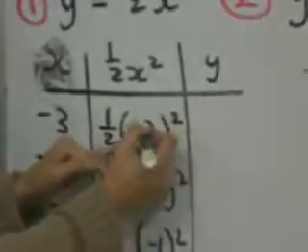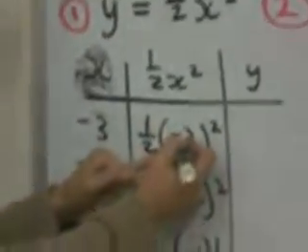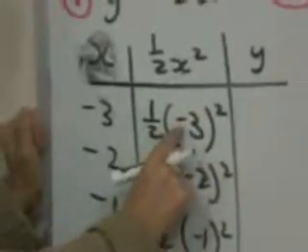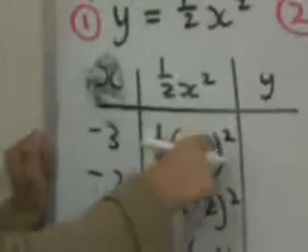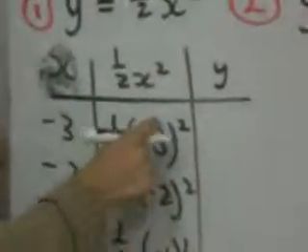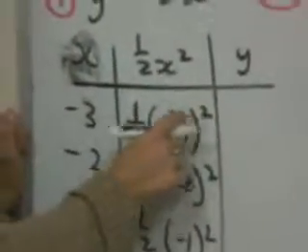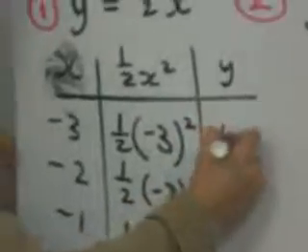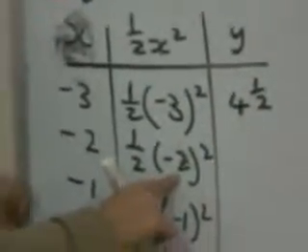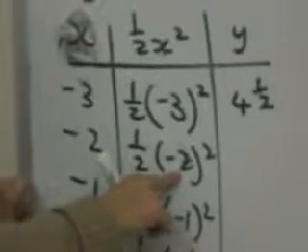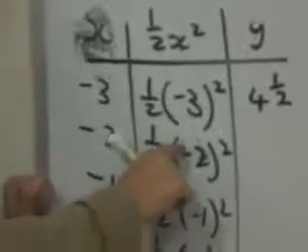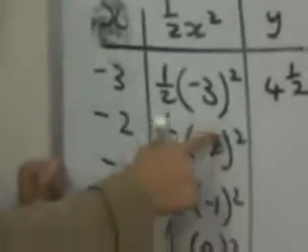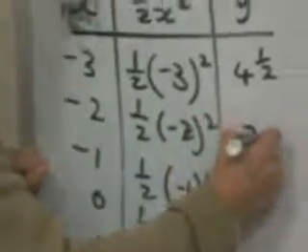So we start with this. Minus 3 squared is 9. Remember the minus is inside the bracket, so it becomes positive: minus times minus is positive. So that becomes 9 times a half, which gives us 4 and a half. Minus 2 squared is 4, so that's 4 times a half, which gives us 2.